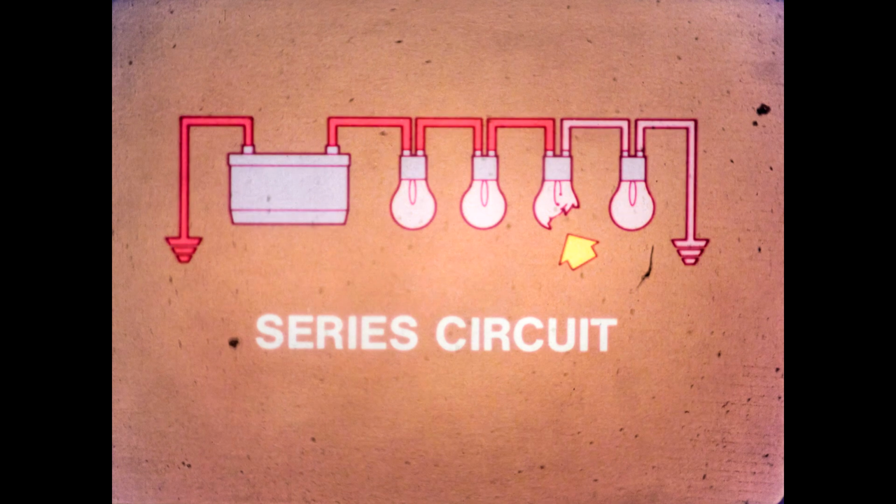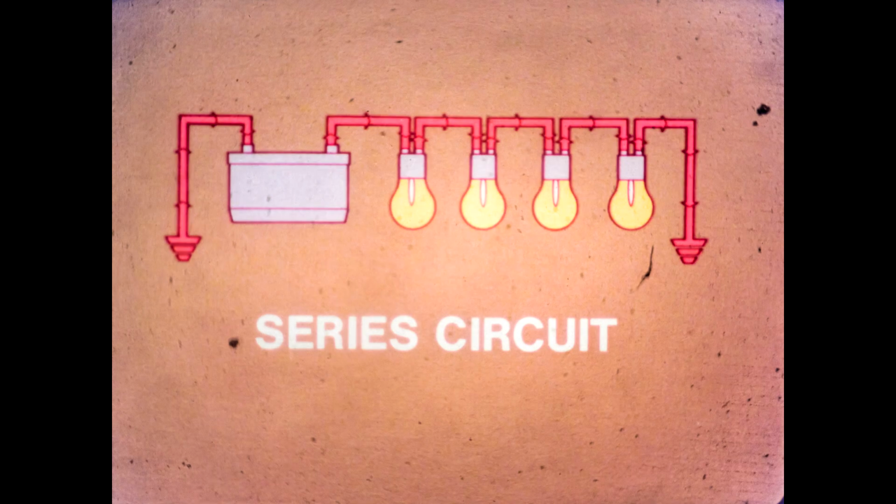If a series circuit is interrupted at any point, then all working devices on that circuit will cease to operate. For example, if one of the bulbs were to break, all the bulbs hooked up to this series circuit go out. The important point to remember about series circuits is that they allow current to flow only in one pathway through all the devices in the circuit.